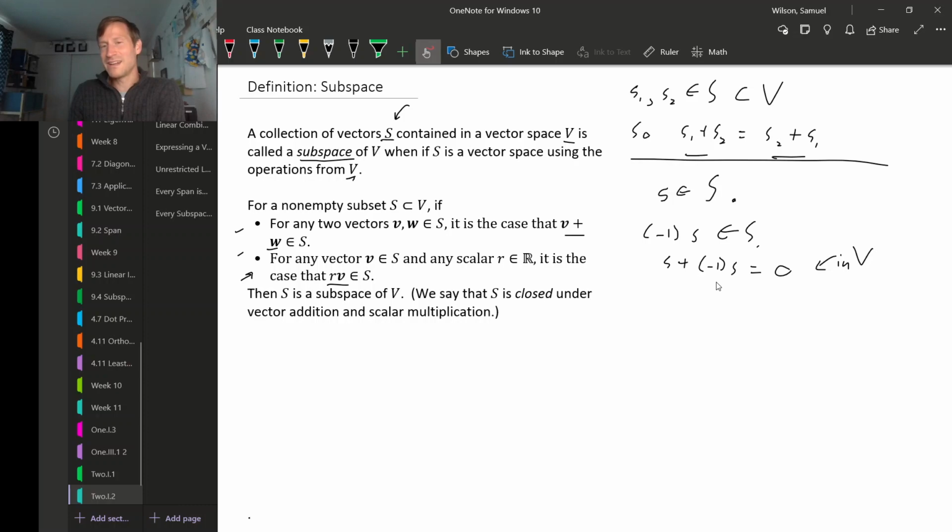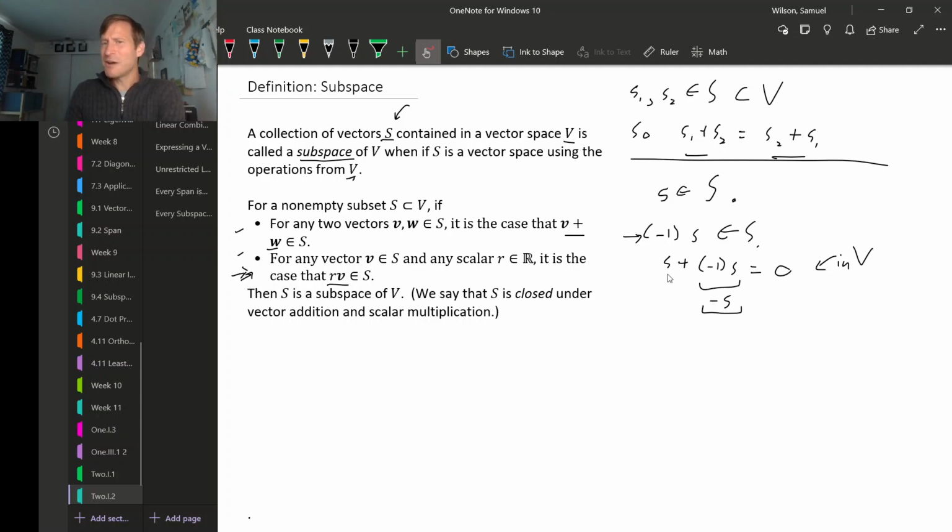Because something that we've proved before, or maybe I've asked you to prove, is that this minus 1 times s is actually the additive inverse of s. So that's what we would call minus s. So when we add s and minus s, we get 0 in V. But minus s is in S. That's the scalar multiplication closure.